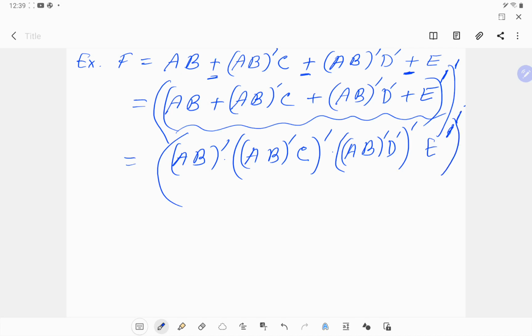Now in this function, we don't have any OR operation, only the AND operation, and easily we can implement this function by using only NAND gates.